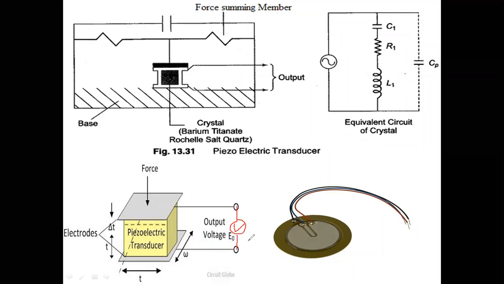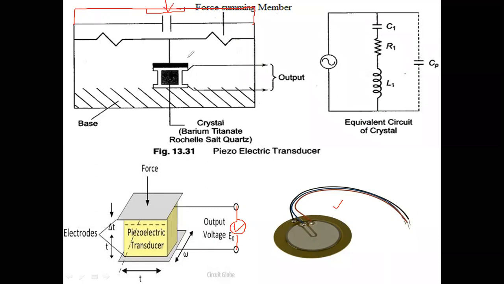Here this is the practical piezoelectric transducer. We can use this in our projects also. It consists of the force summing member, shunt capacitance, base, piezoelectric crystal in between, and a pressure port.